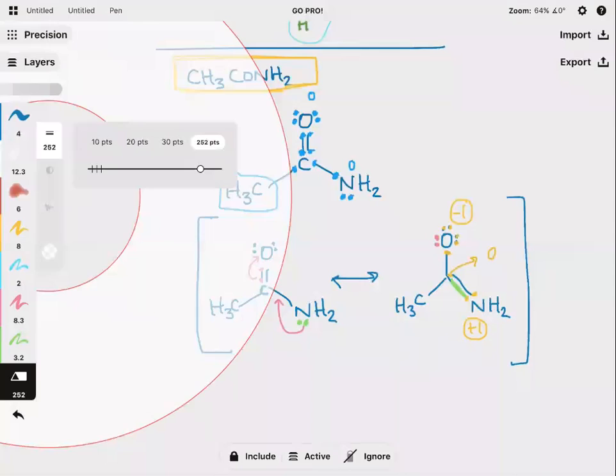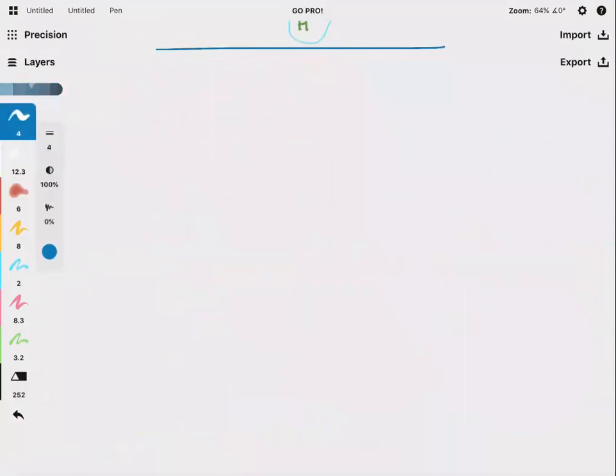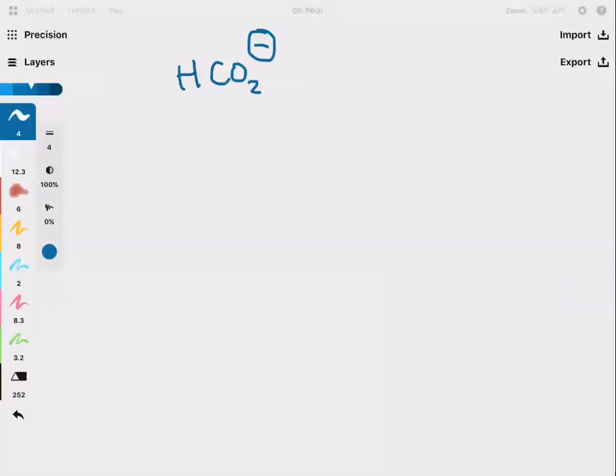Okay, let's do 2 more. Let's do, what should we do? Let's do HCO2 negative. So let's draw that. So C is probably going to be in the middle, and it has two oxygens and a hydrogen sticking off of it.